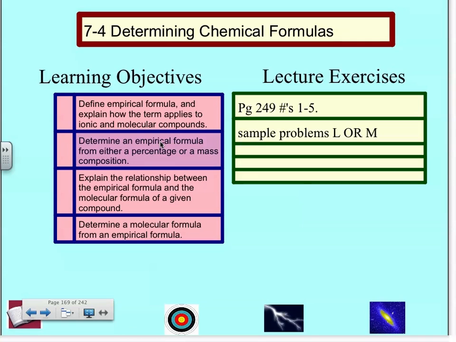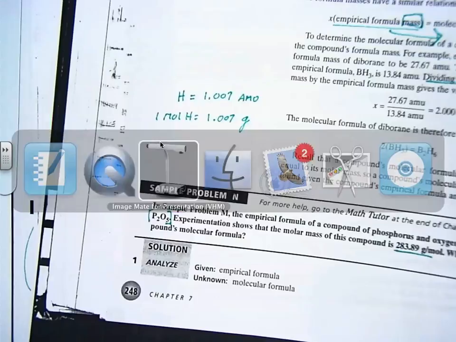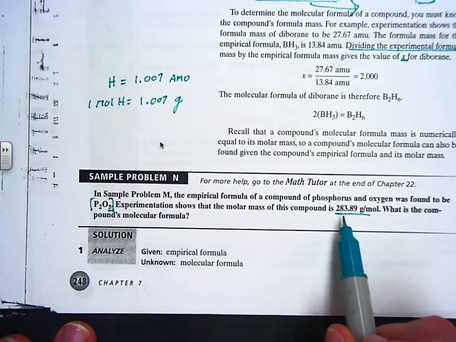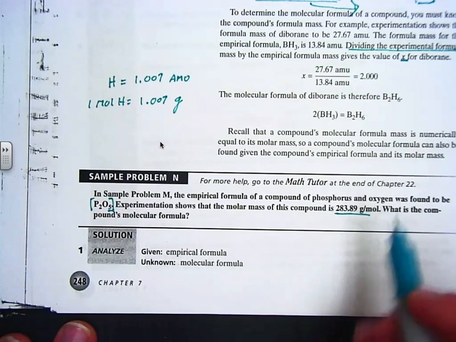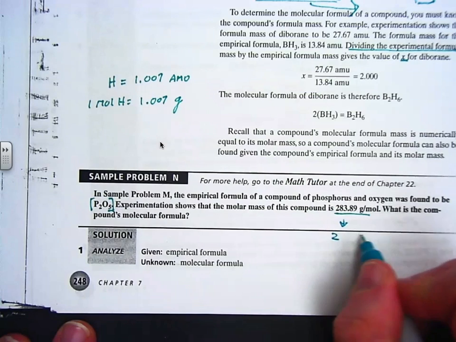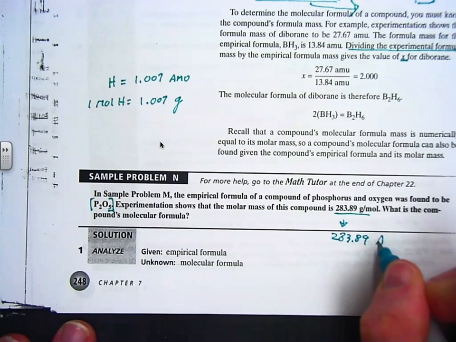And our final objective was to determine a molecular formula from an empirical formula, and that's what we did in sample problem N. How did we do that? We basically used the molecular molar mass. We turned the molecular molar mass into molecular formula mass, which is just basically rewriting it and calling it AMU.